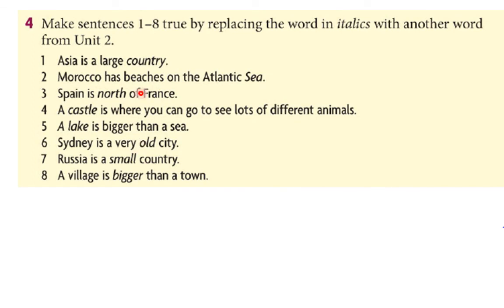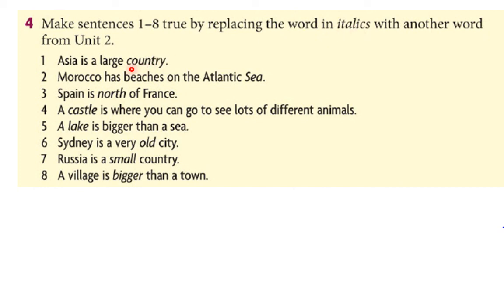Make sentences 1 to 8 true by replacing the word in italic with another word from Unit 2. In this exercise we have mistakes, and these mistakes are shown in italic. Italic is a kind of font style.